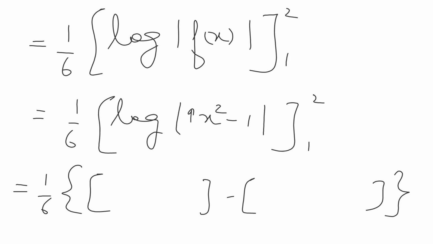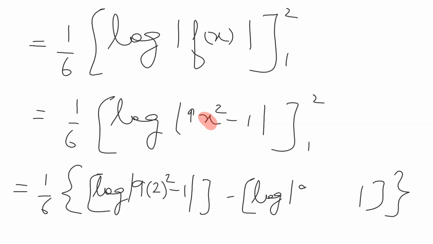In the first box bracket, I'll just put x as 2: log of 9 into 2 square minus 1 within the modulus. Minus log of 9 into 1 square minus 1.